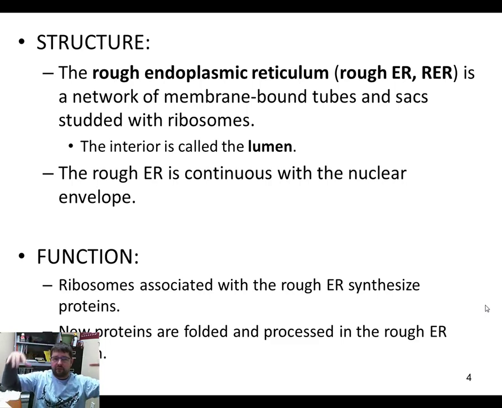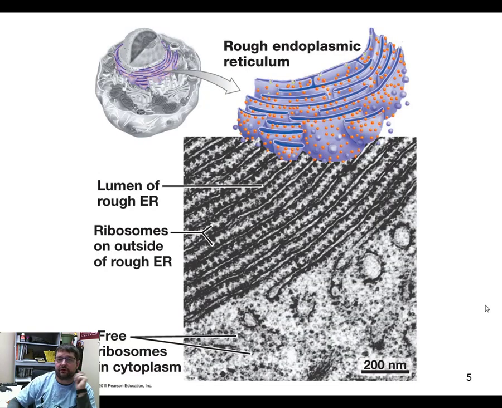I'll show you a picture of it with little dots all over it. Here you can see the rough ER, and in this picture the smooth ER, and we'll get to that next. But the rough ER has these ribosomes associated with it, so proteins are going to be made.